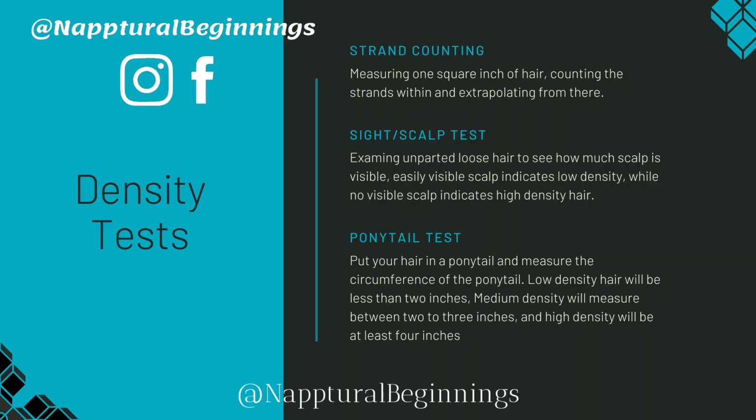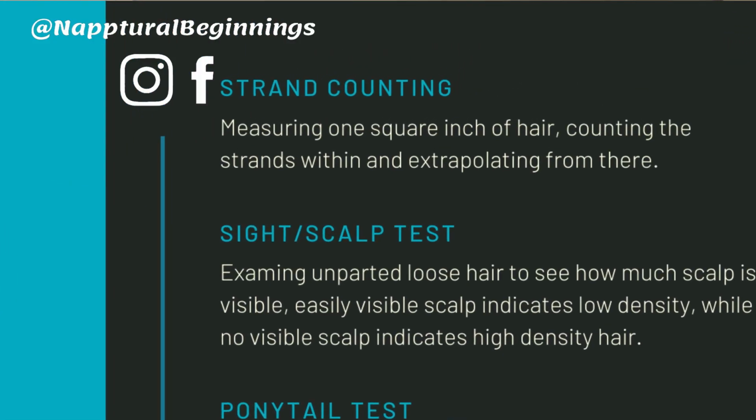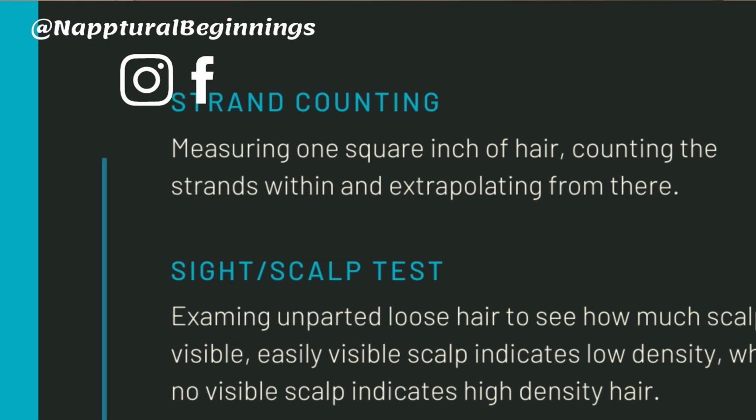But strand counting is, as you can imagine, a very tedious process, but it is the idea that you can measure 1 square inch section of hair, and within that square inch section of hair you are counting the strands within, and then you extrapolate from there.